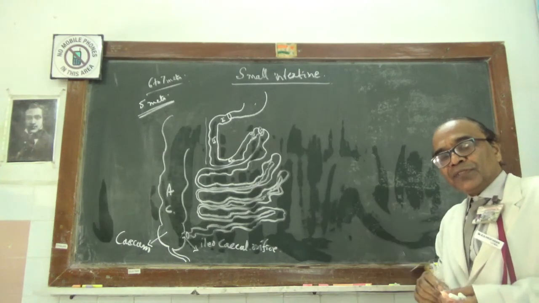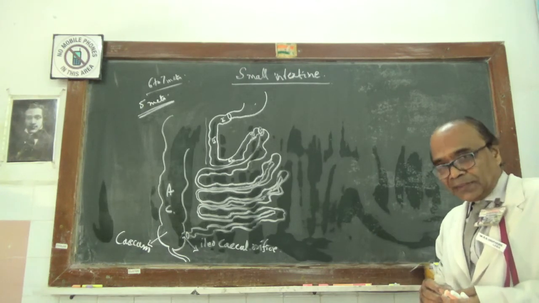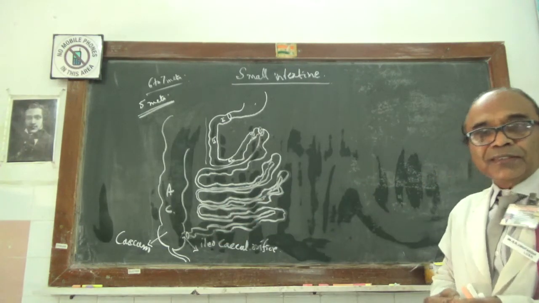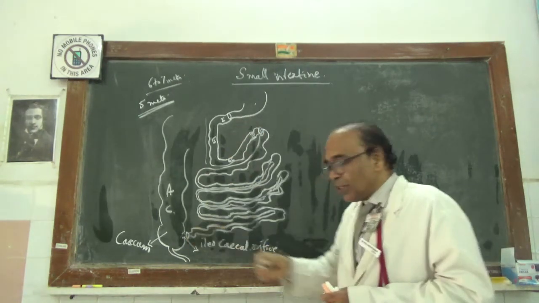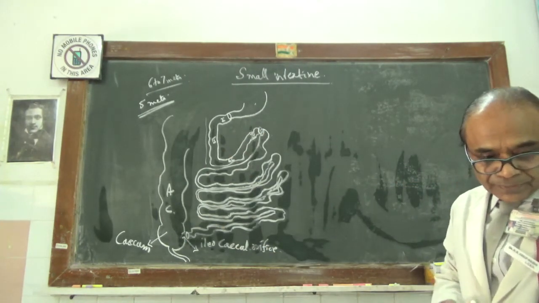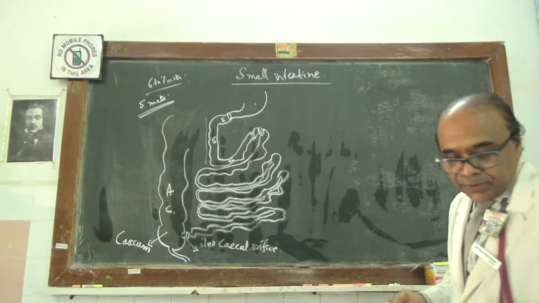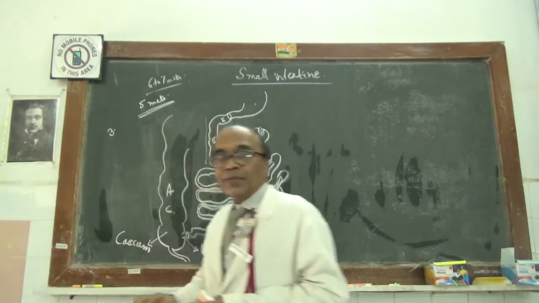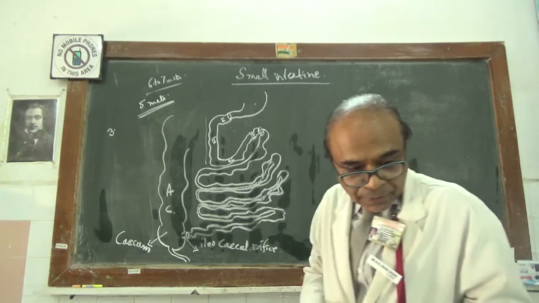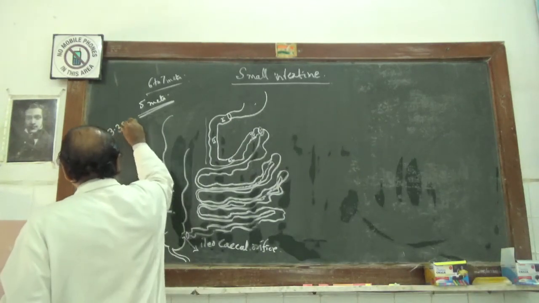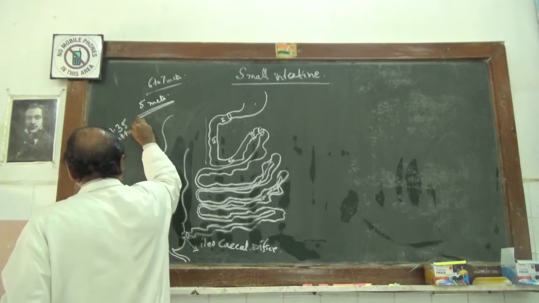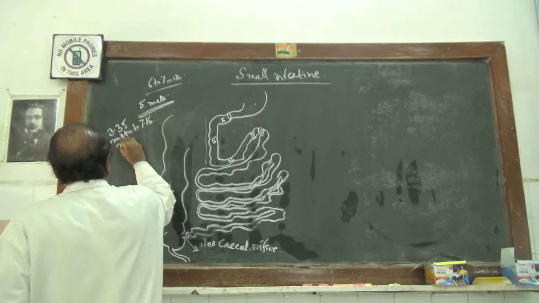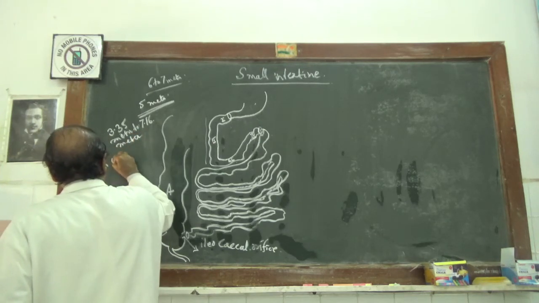But it has been reported that shortly after death, if you take the entire small intestine, right from the pyloric orifice to the ileocecal orifice, it ranges from 3.35 meters to 7.16 meters in women.